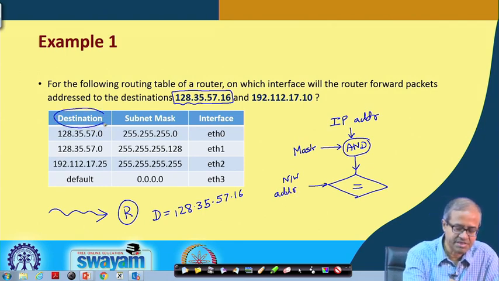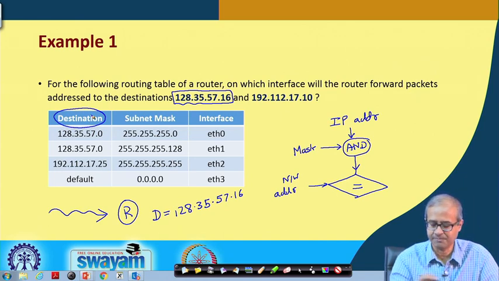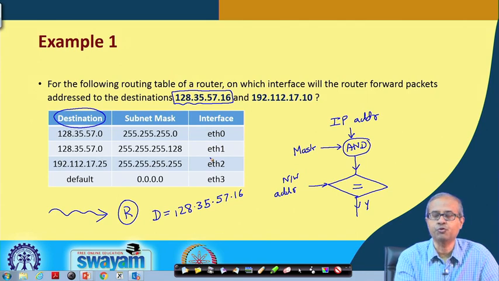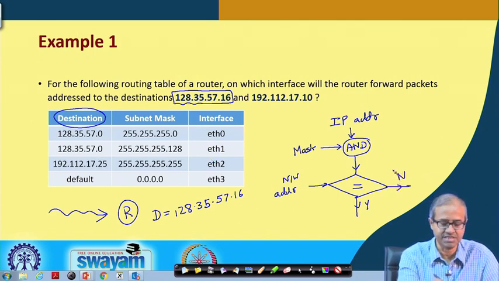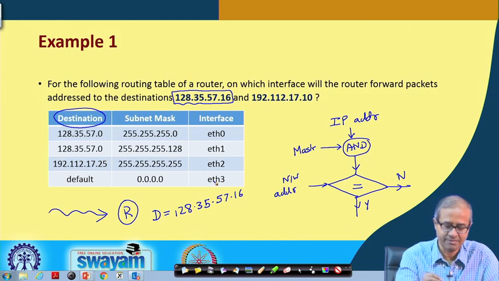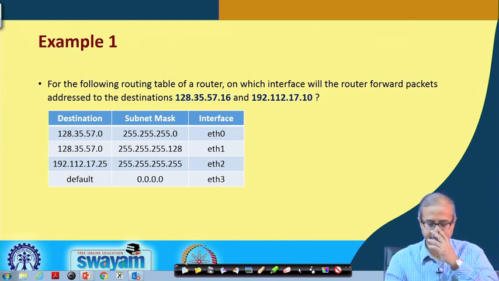Here it is this destination field. If there is a match, then we follow the outgoing interface, but if we do not find any match anywhere, then we will be taking the default route, it will be forwarded to ETH3.